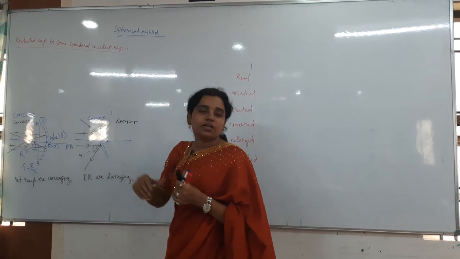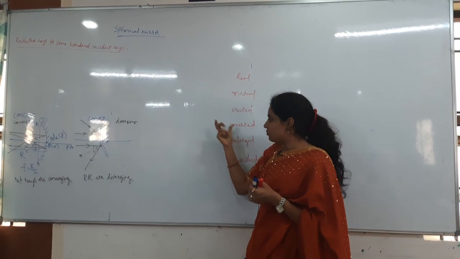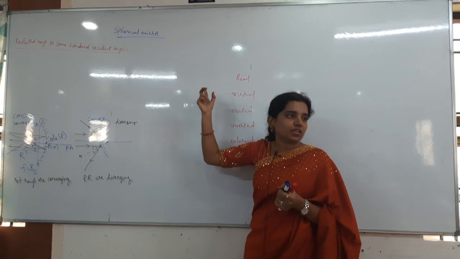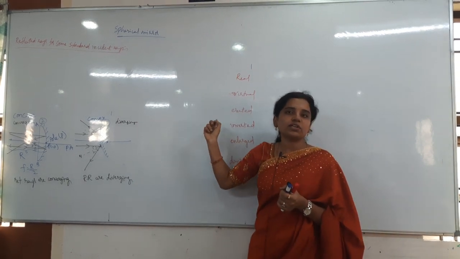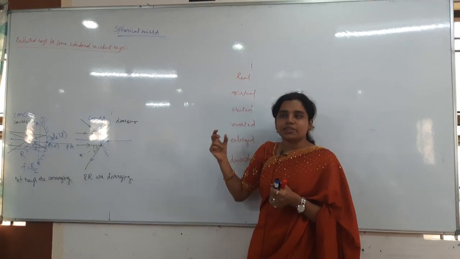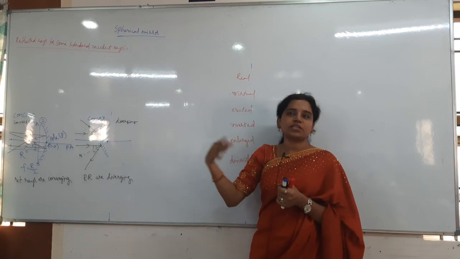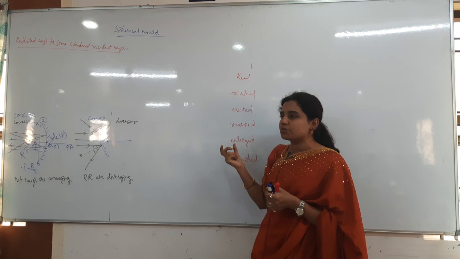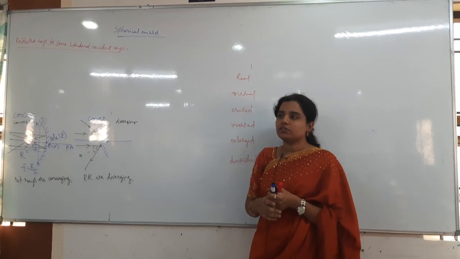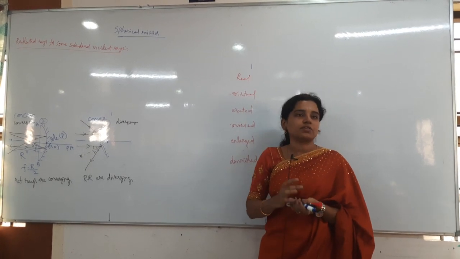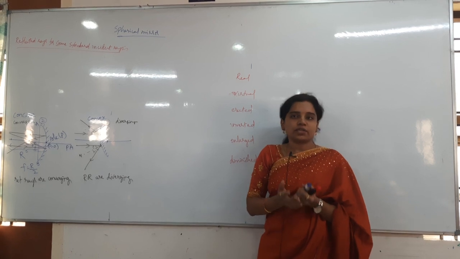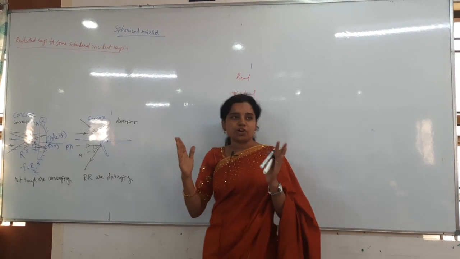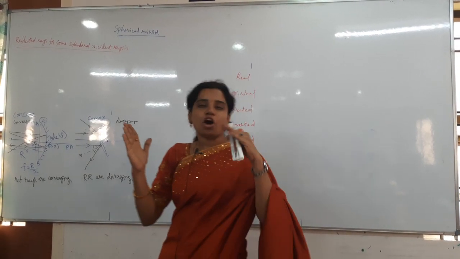These are all the different natures of the images, and you can get negative marks here if you don't understand these definitions properly. They will give the same image distance, for example 30 centimeters, with one option inverted and another option erected. If you don't know the definitions, you will get the wrong answer. Erected is the same orientation as the object, inverted is the opposite orientation.